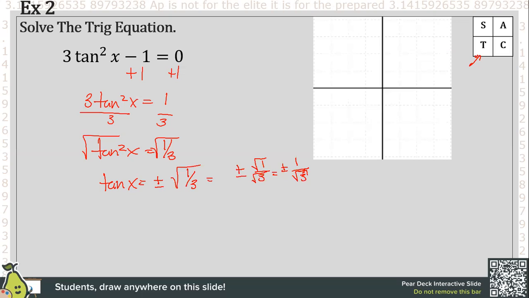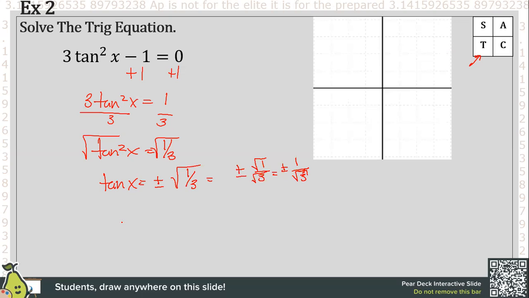this right here, it's going to be in quadrant 3. Unfortunately, what we need to know is that this is only going to be split up on the top side of the unit circle.